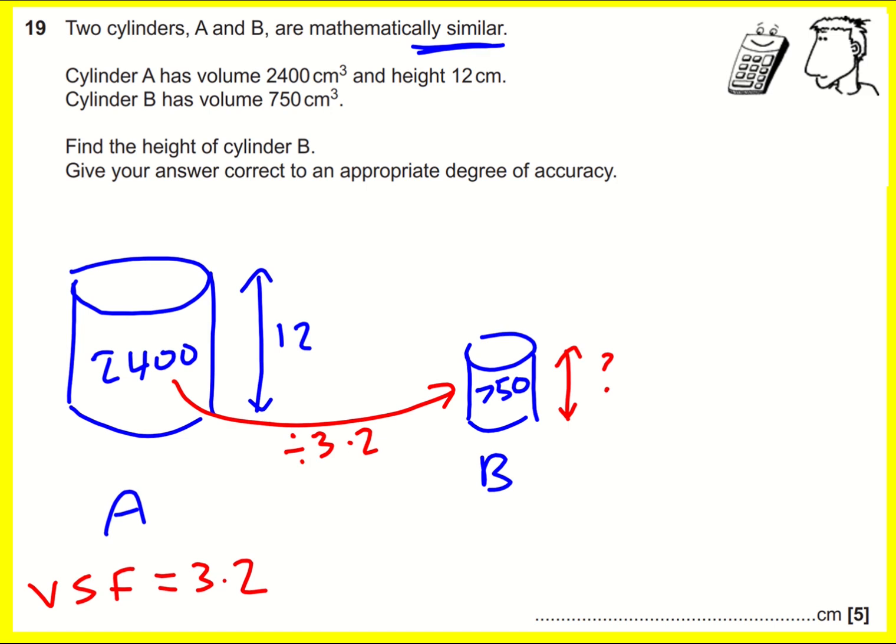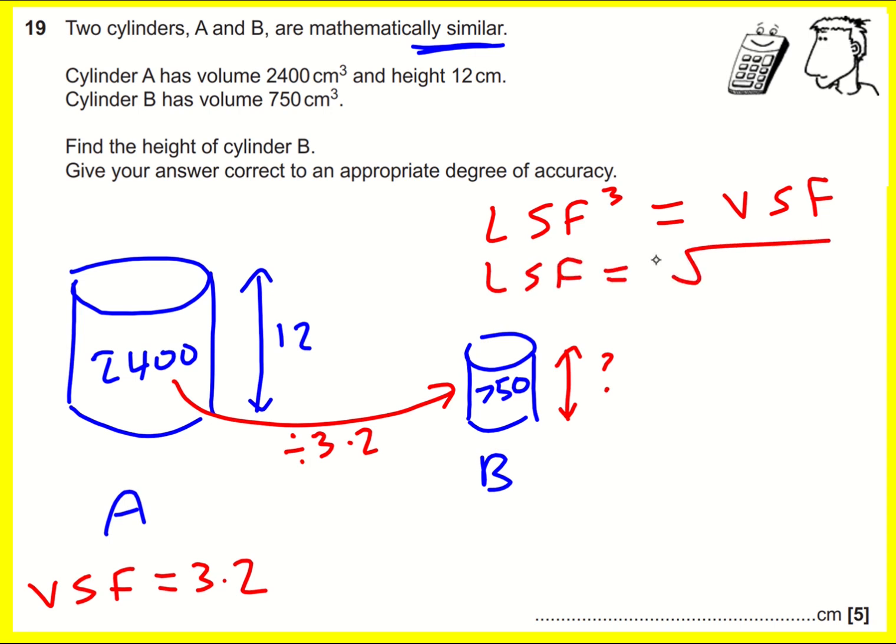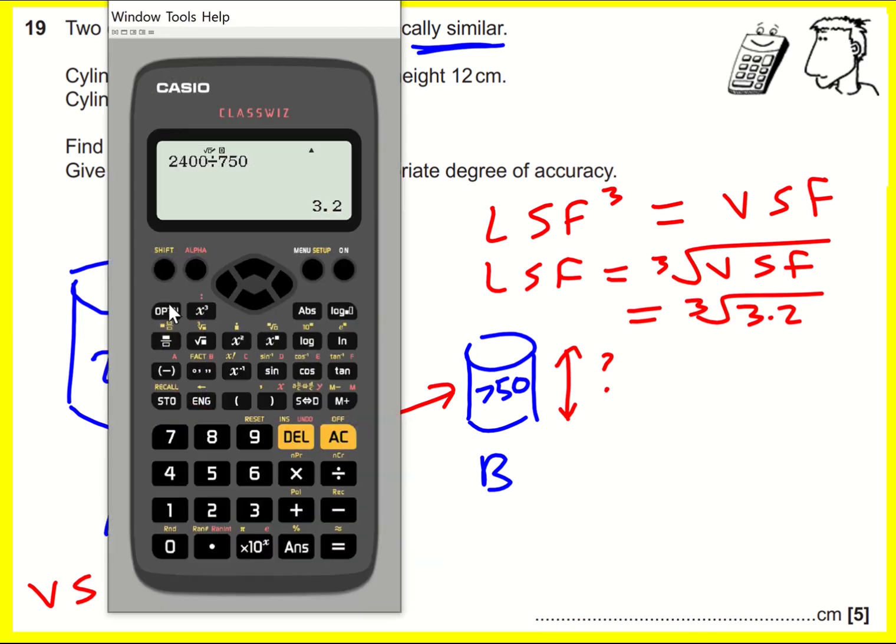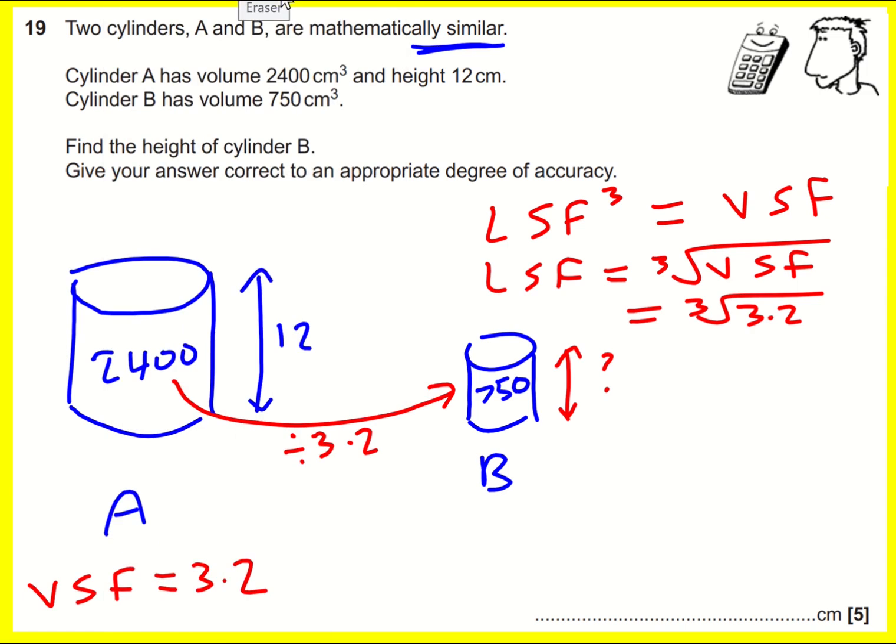So this is the volume scale factor, and actually the length scale factor cubed gives me the volume scale factor, which means that the length scale factor is equal to the cube root of the volume scale factor. It's equal to the cube root, in this case, of 3.2. So I can put that into my calculator, the cube root of the answer, and I get 1.4736.